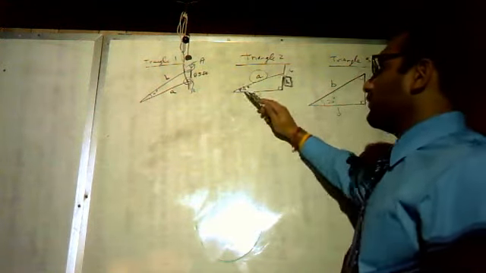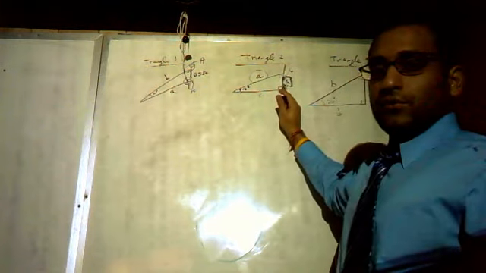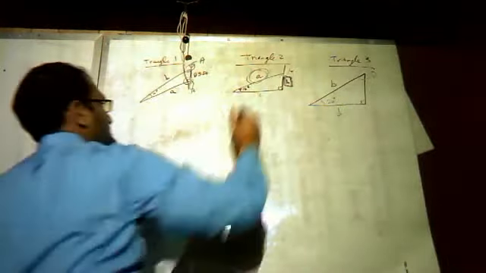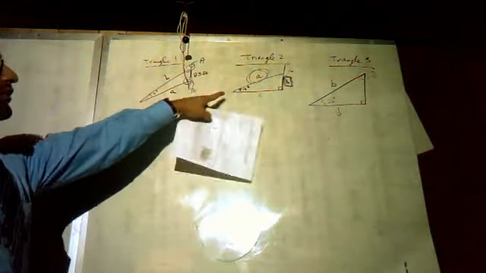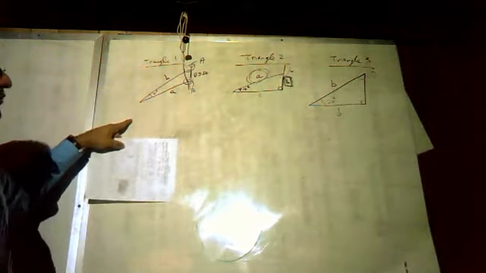So we have to find A first. If we can find A, then we'll be able to figure out our answer. That's one approach that you can use to solve this problem.